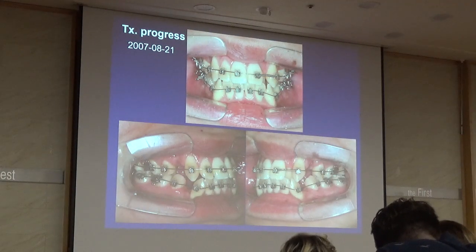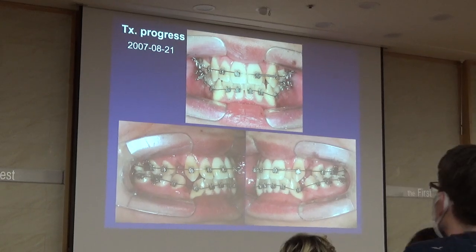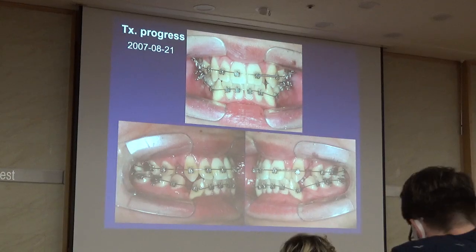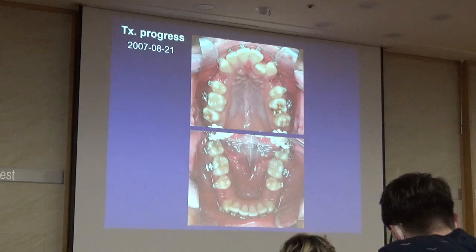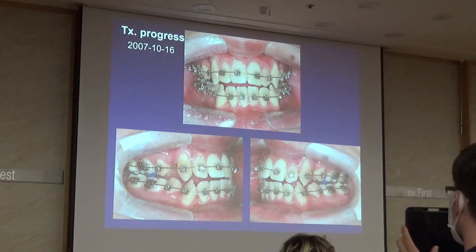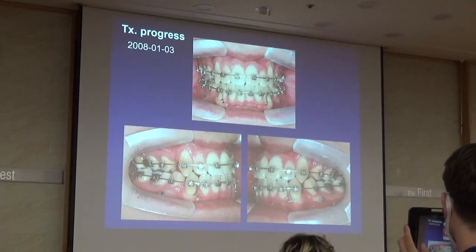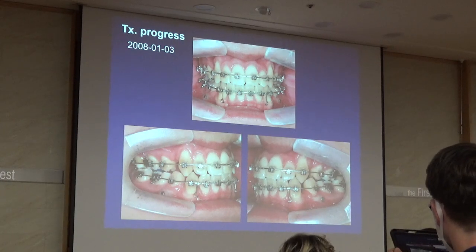Just because there's not much of a midline asymmetry, we start leveling and alignment by using a regular continuous arch wire, something like this. And in order to correct the anterior crossbite on the lateral incisor, we started a retraction.